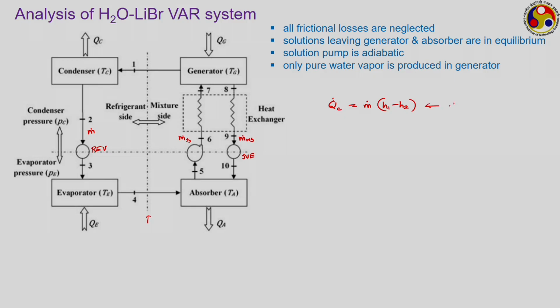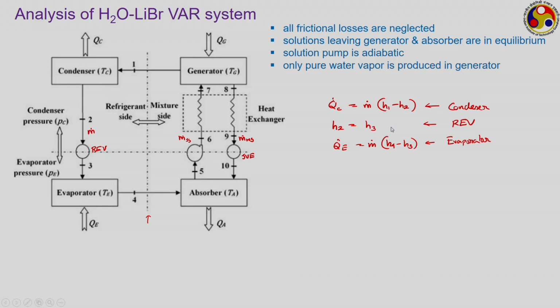So, this is for the condenser, and for the refrigerant expansion valve we can easily write H2 equal to H3. Then for the evaporator we can write Q dot E equal to m dot into H4 minus H3. This is for the evaporator.